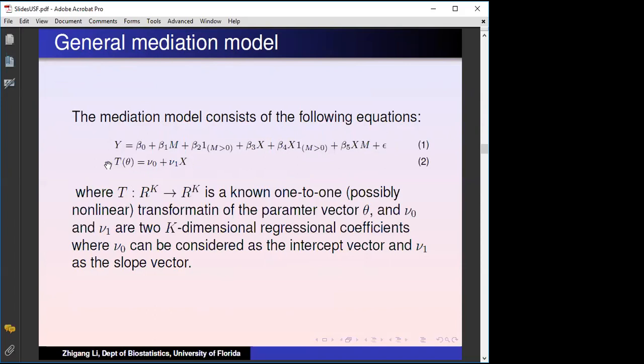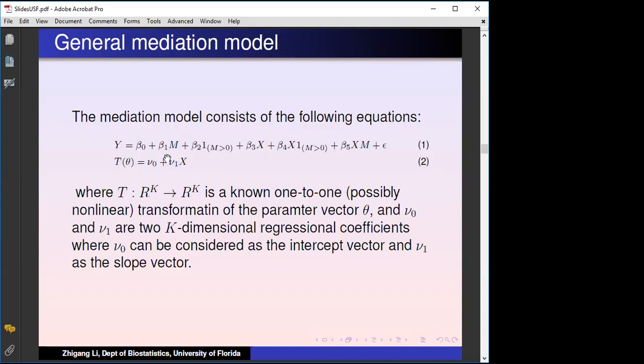And then for the second equation, we model the association between the mediator and the exposure, or the independent variable x. To do that, we assume a relationship between the parameter theta, because theta is the parameter that characterizes the zero-inflated distribution of the mediator M. By assuming this association between theta and the independent variable x, we model the association between the mediator and the independent variable.